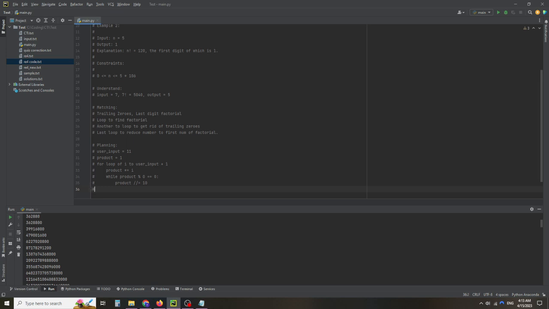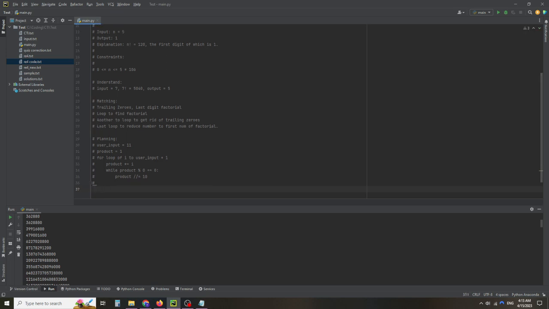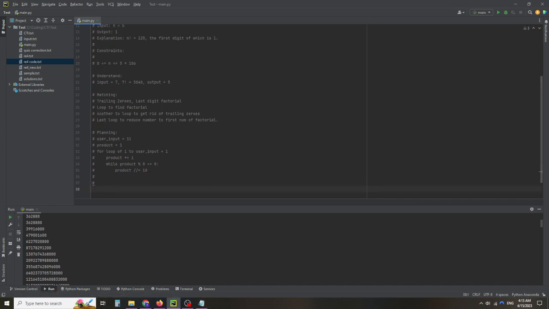So then I need another loop, another loop to just reduce the number all the way to its most significant number. So it'll be another while loop.